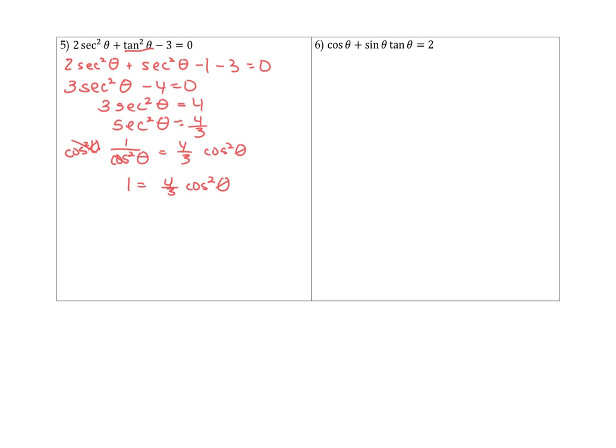Now I can multiply by the reciprocal of that 4/3 and multiply both sides by 3 over 4. So I get cosine squared theta equals 3 over 4. Square root both sides. Don't forget the plus or minus. So that's root 3 over 2. And now I'm going to inverse both sides.